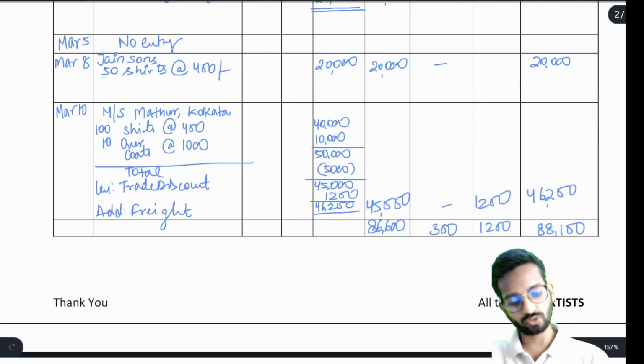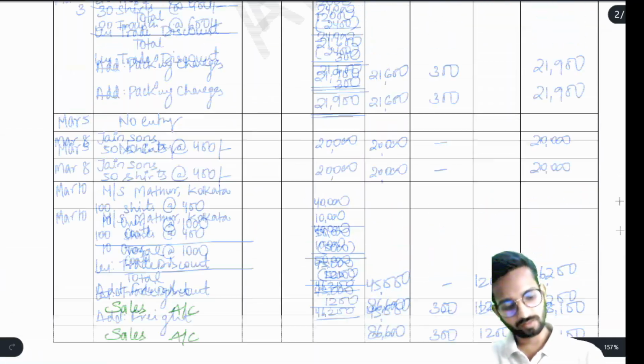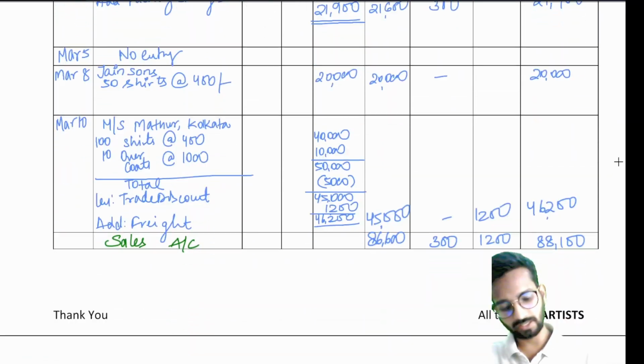We know that the total of sales book should be transferred to sales account. So the entry will be Gupta, Jain and Mathur.